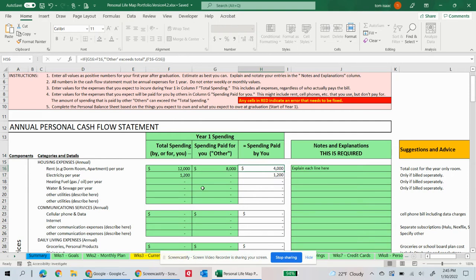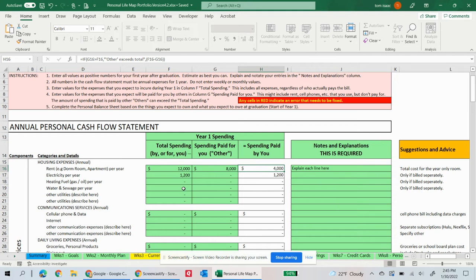This is a way to get an idea of how much money is being spent on your behalf, by you and by someone else, like parents or grandparents.